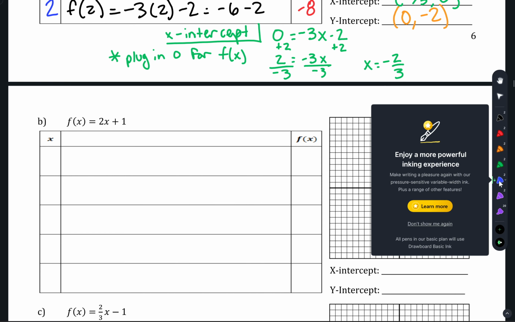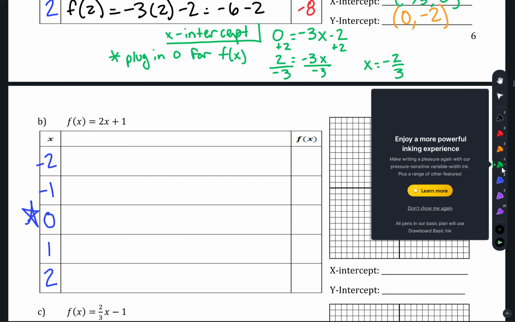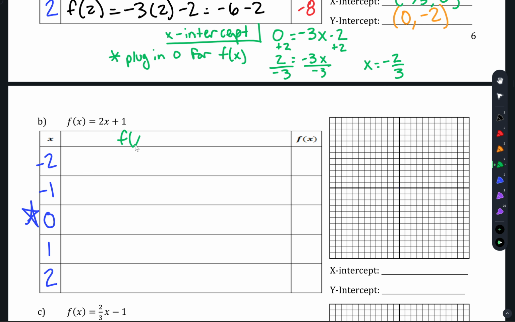Adriana. Perfect. Make sure 0 is in the middle. If 0 is not in the middle, you're going to get thrown off. Then I'm going to plug these values into my equation, f of x equals 2x plus 1.